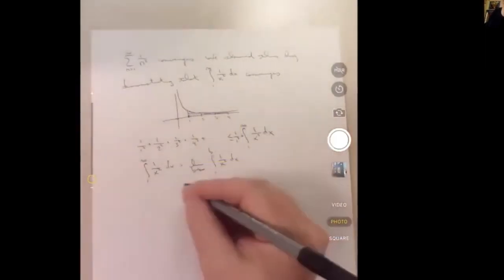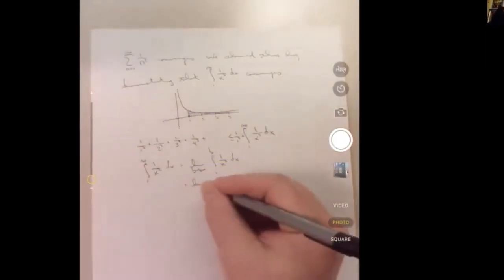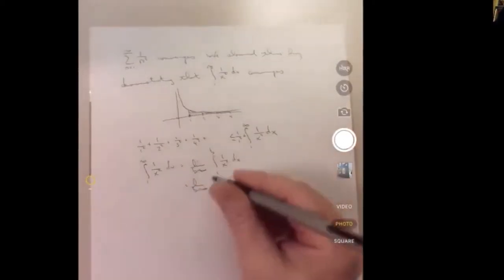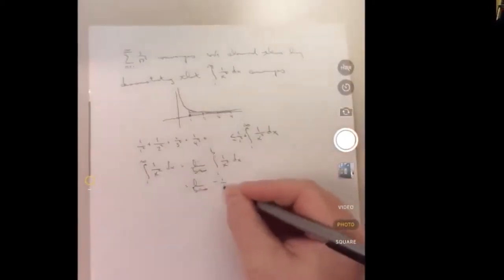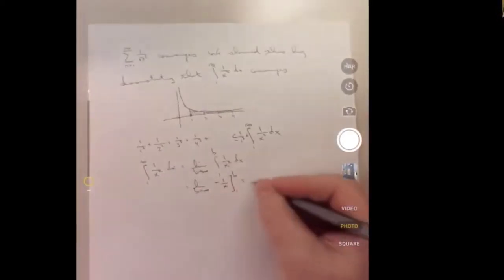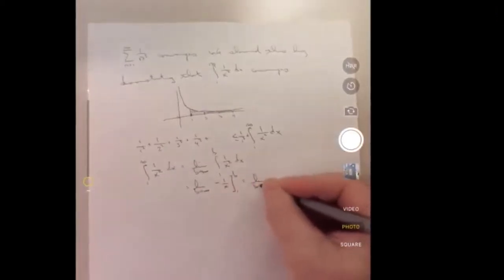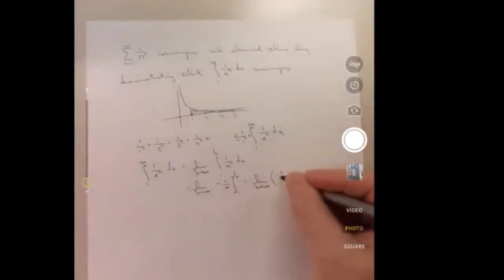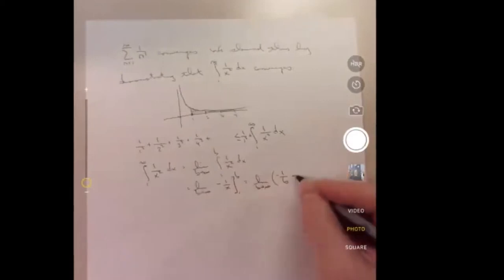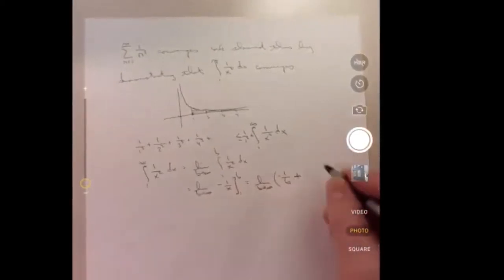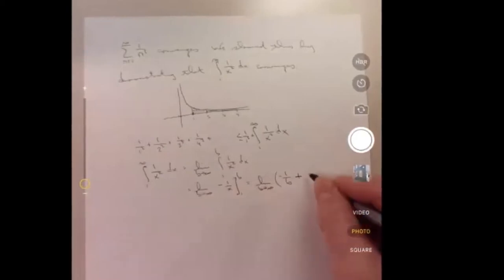The antiderivative of 1 over x squared is negative 1 over x. Taking that from 1 to b, we get the limit as b goes to infinity of negative 1 over b minus a negative 1.